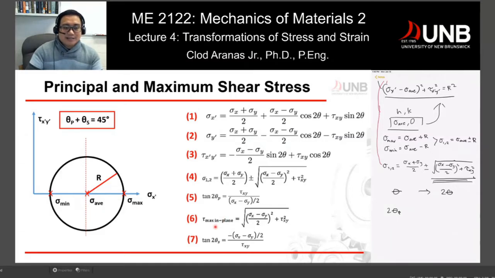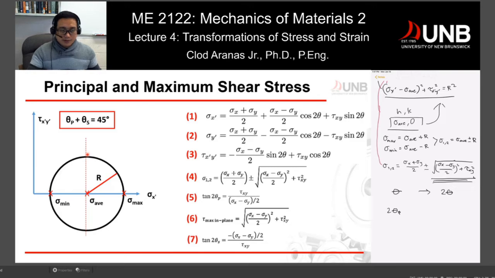Now, another question is, how can I get what kind of rotation I need from one element, clockwise or counterclockwise, in order to reach my maximum in-plane shear stress? Because at this point, let's say this is your given, I could rotate clockwise and reach my principal stress. But I want to know what rotation I need in order to reach my tau maximum in plane, which is this point. So that would be this rotation here. You can easily take it out.